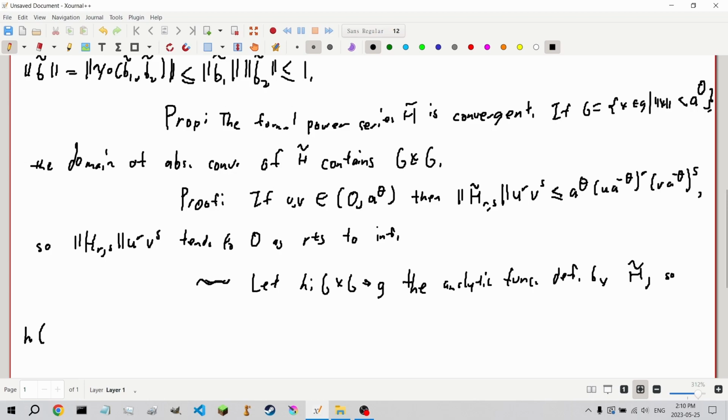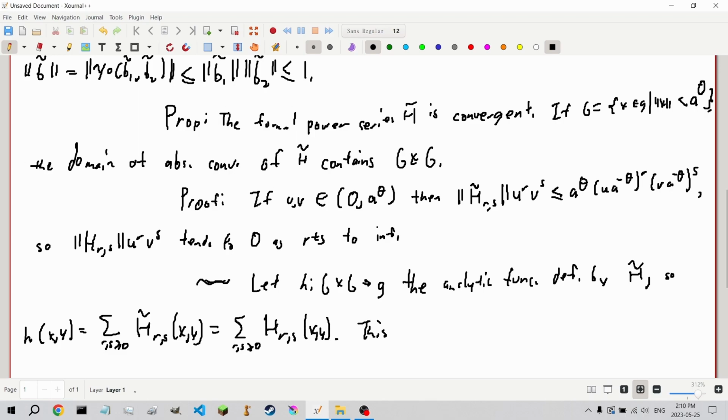So h of x and y is the sum for non-negative R and S of h tilde sub R and S of x and y, which is the sum for R and S non-negative of h sub R and S of x and y. This is the Hausdorff function of G. By definition.